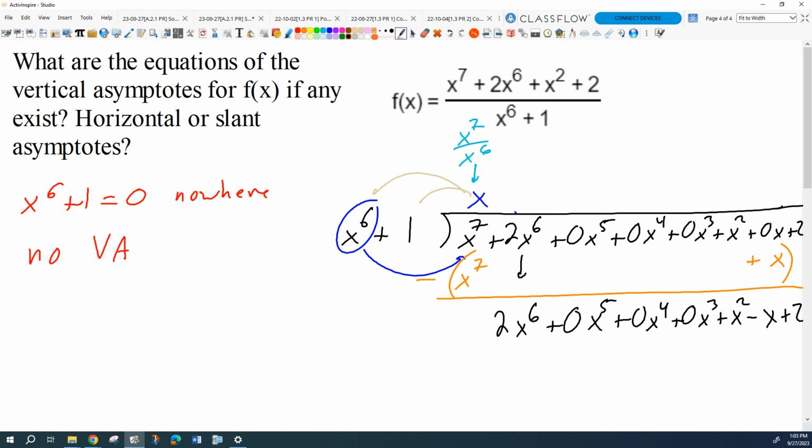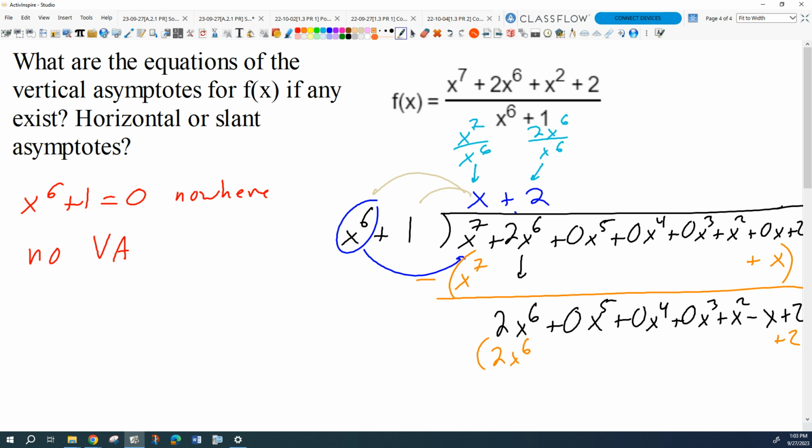Okay, so now we've got 2x to the 6th divided by x to the 6th is what? 2. Okay, so our next term is plus 2. We distribute again, right? And that's going to give us 2x to the 6th plus 2.